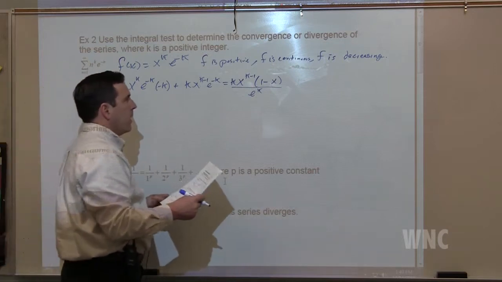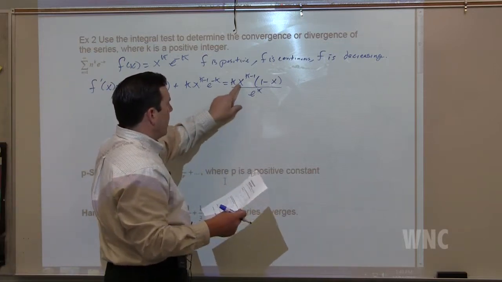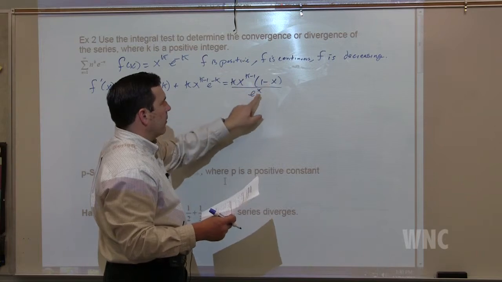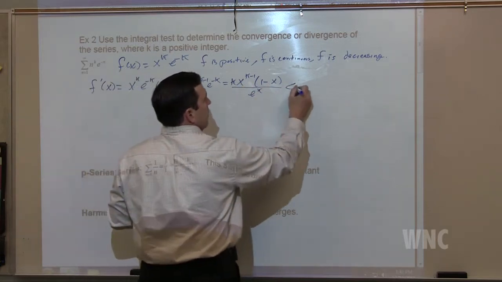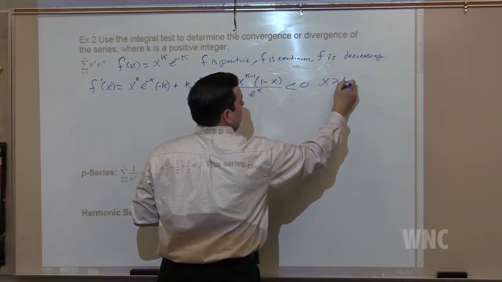Okay, and for x being positive, this is negative here, positive, positive there. So that's less than 0 for x being greater than 1.